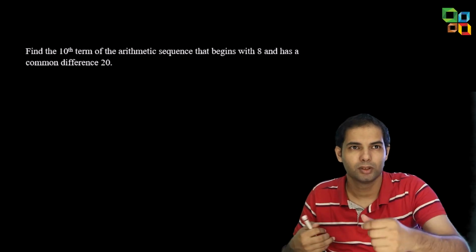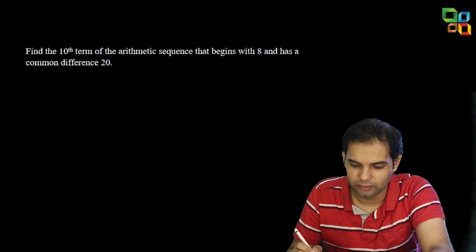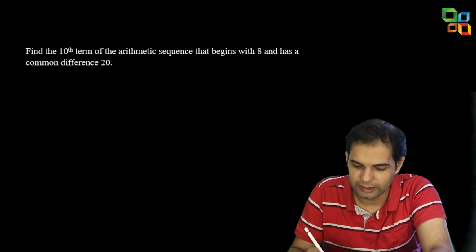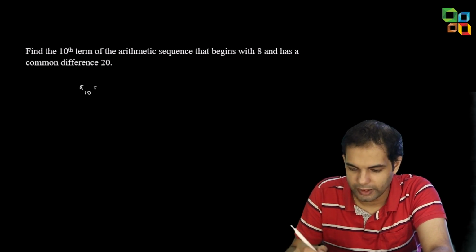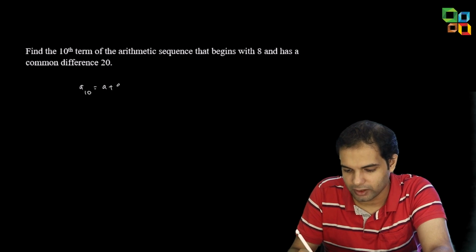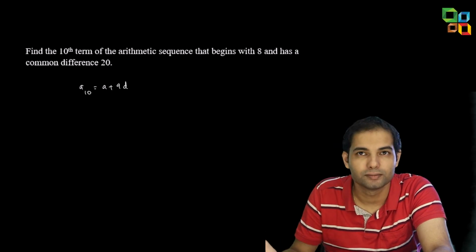Yeah. So those answers are right. So find the 10th term. 10th term means A10. A10 means A plus 10 minus 1 into D. That's all I have to find.